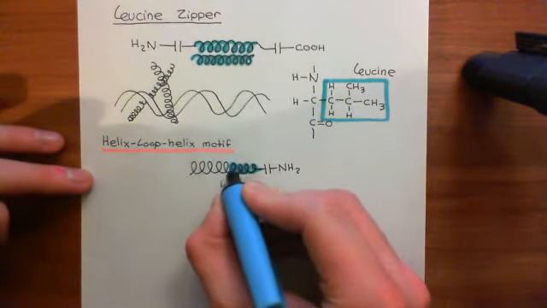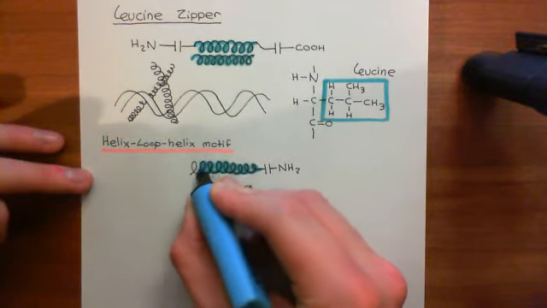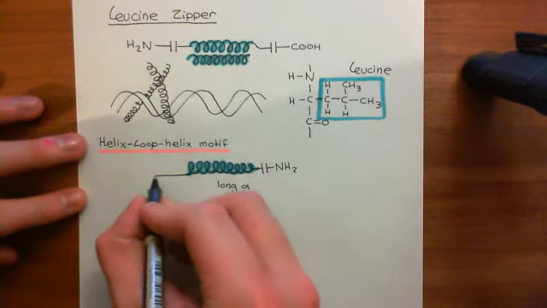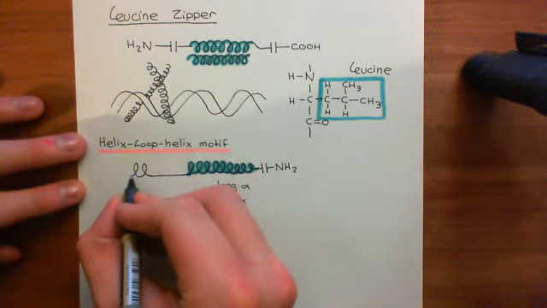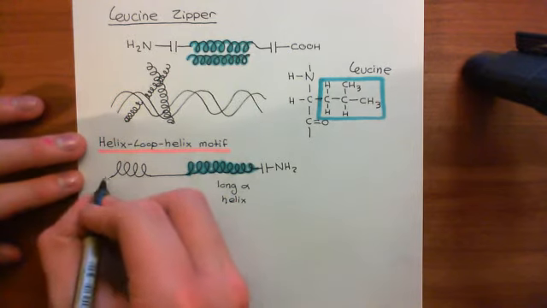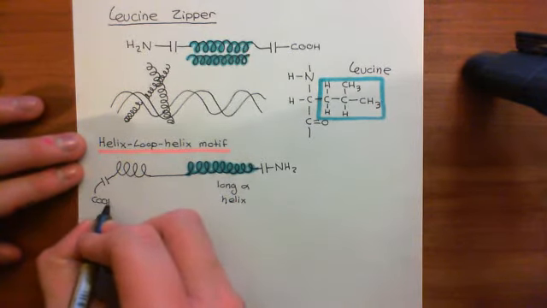Then you're going to have a large loop between the long alpha helix and the next alpha helix, which is the short alpha helix. So we have now a nice long linker separating the long alpha helix and the short alpha helix here. And then of course we can have more domains, and then we'll finish off with the carboxylic acid terminus here.